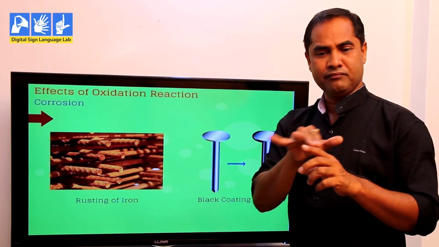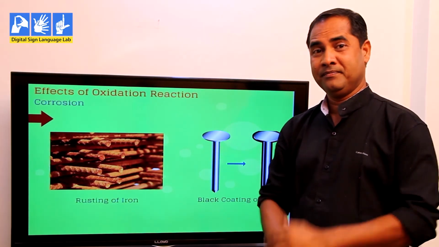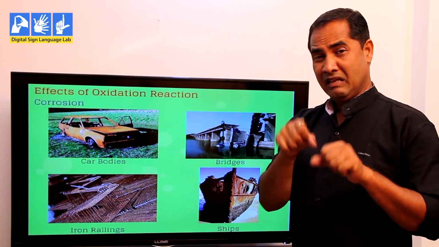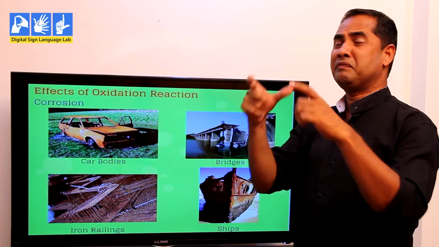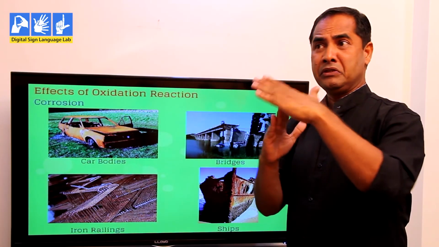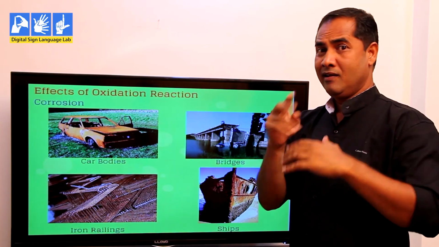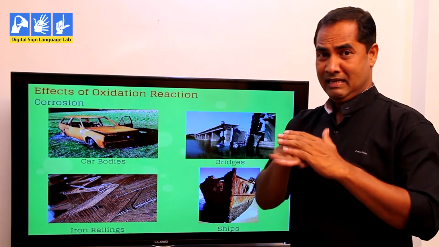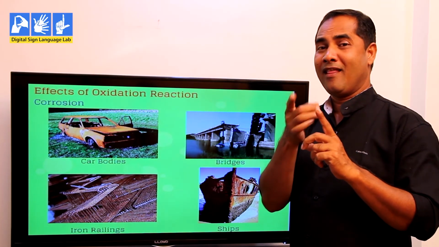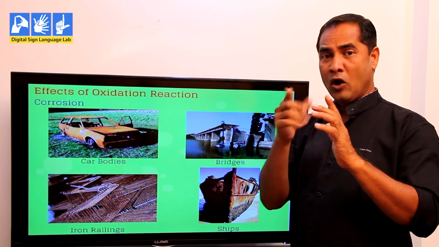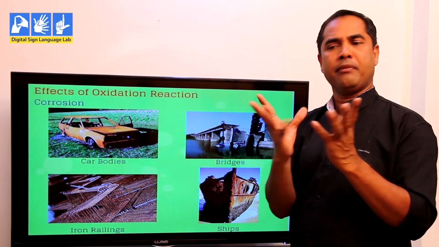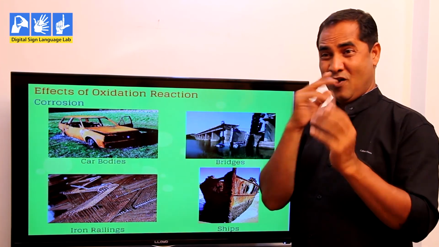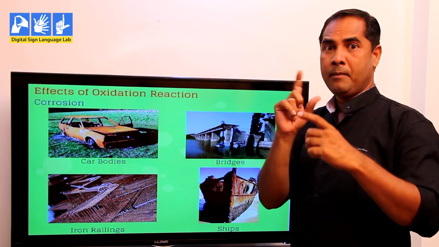Oxygen is really powerful and has many effects. So you must have seen old cars and buildings falling down and bridges falling down. What exactly is the reason behind that? That is corrosion of metals because of presence of oxygen, and metals lose their strength after corrosion.